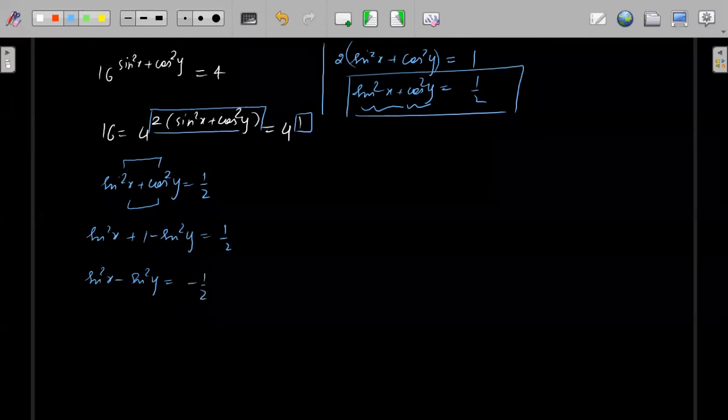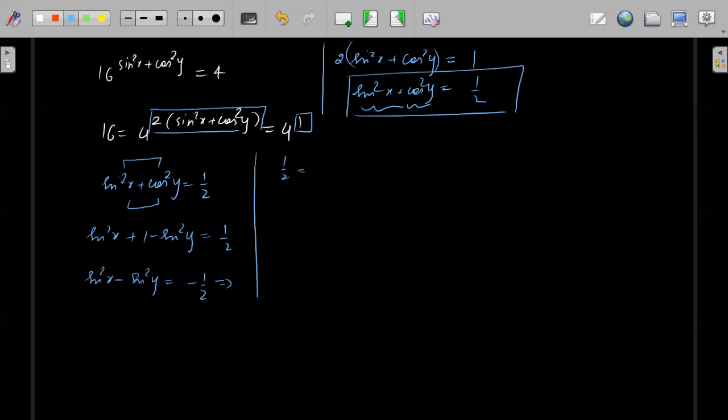Or I can multiply with a minus sign so that I have plus on both sides. So 1 by 2 is equal to sine square y minus sine square x. I hope this one is okay. So I can write 1 by 2 is equal to sine y minus sine x into sine y plus sine x.